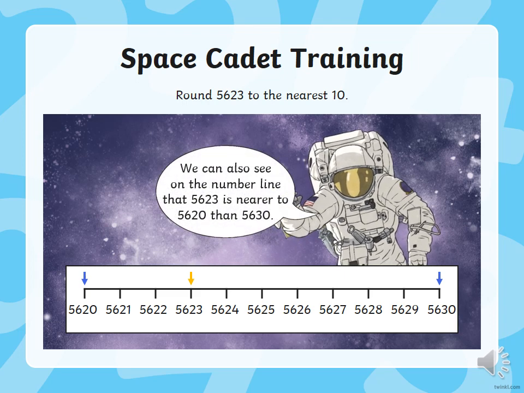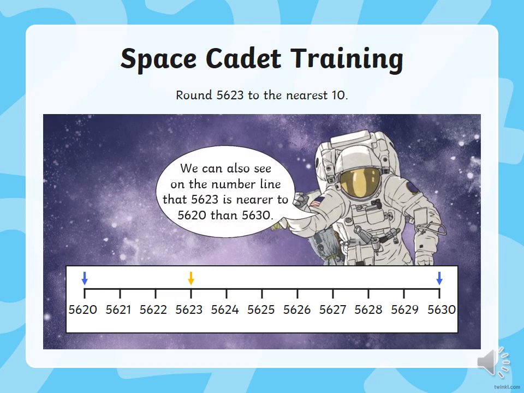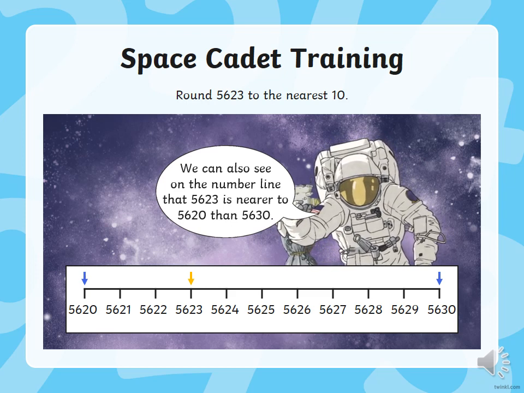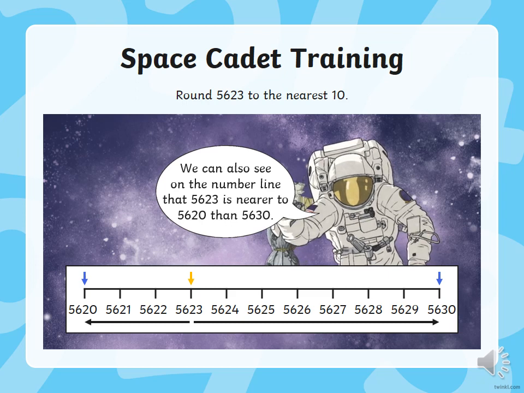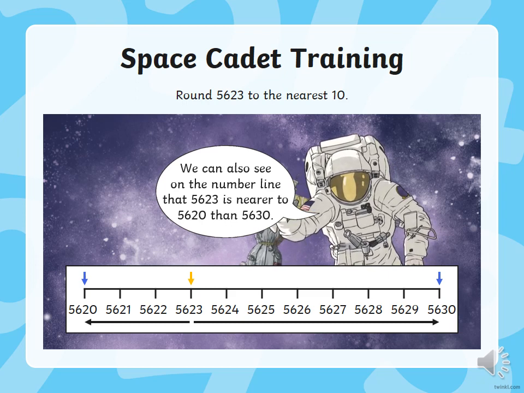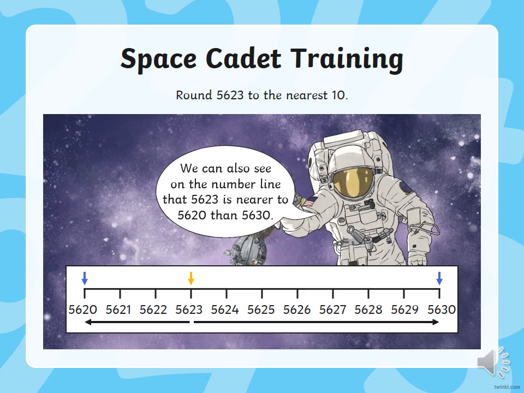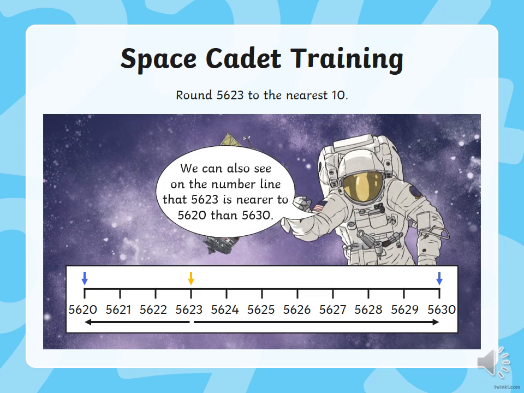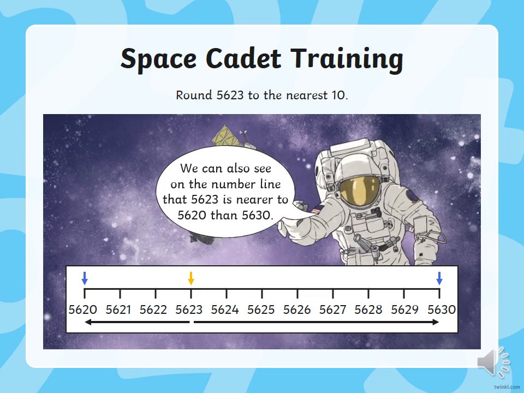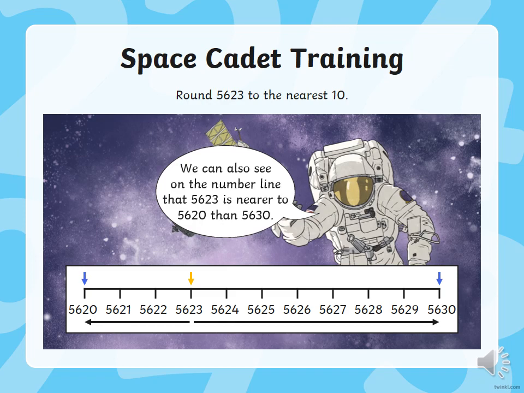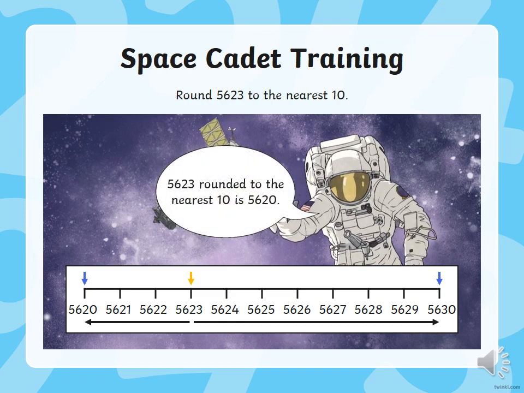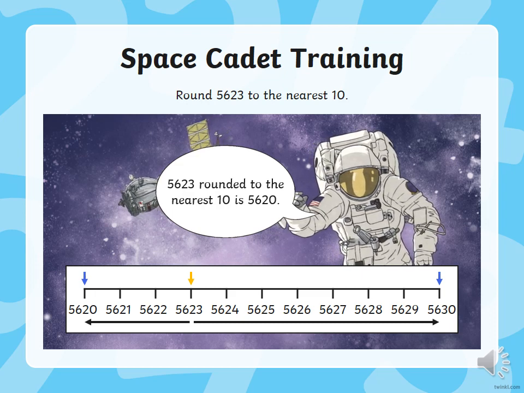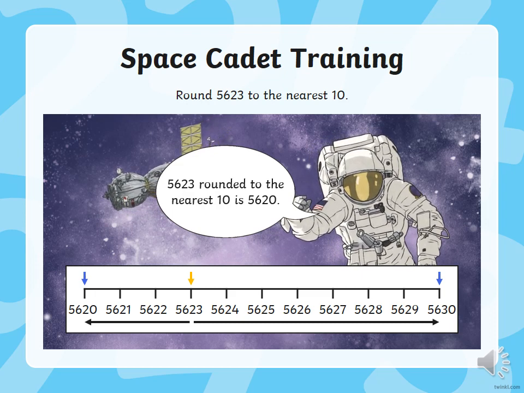We can also see on the number line that 5,623 is nearer to 5,620 than to 5,630. If I was to travel from 5,623, it would be quicker for me to go to 5,620 because I only have to take 3 steps, whereas if I was going to go up, I would have to take 7 steps, and 3 steps is shorter than 7 steps. So 5,623 to the nearest 10 is 5,620.